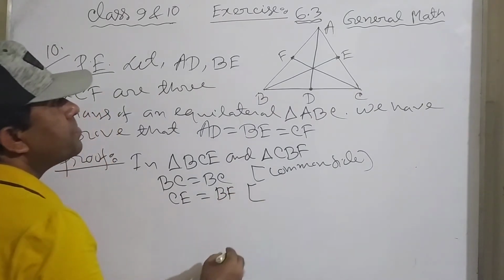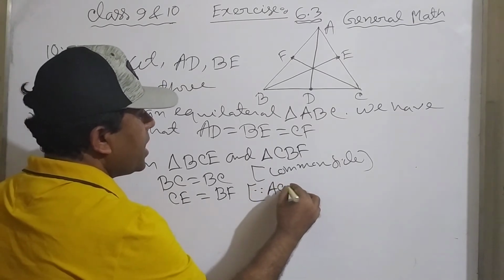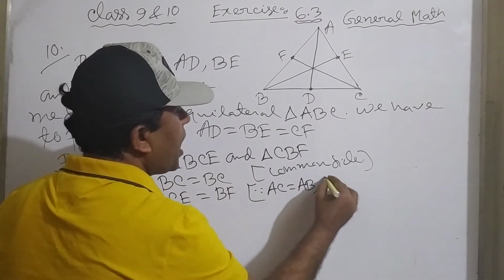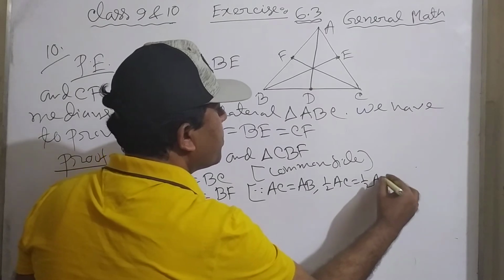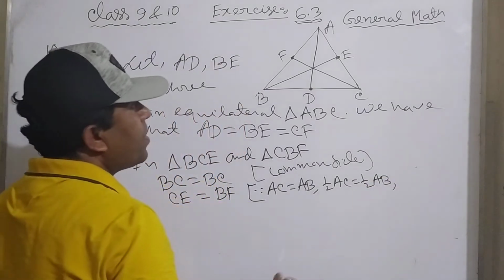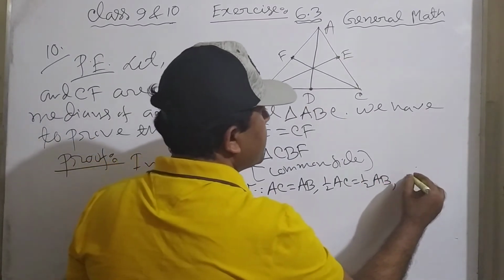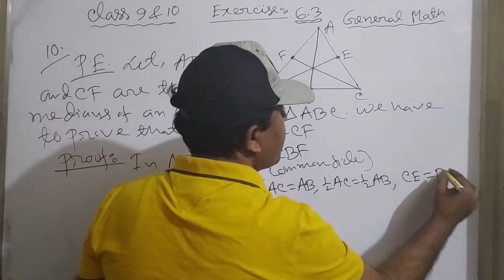How? Since AC equals AB, half of AC equals half of AB. Since the median is to the midpoint, half of AC, that means CE, equals half of AB, that means BF.